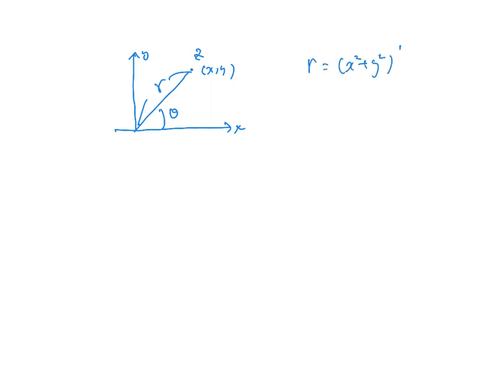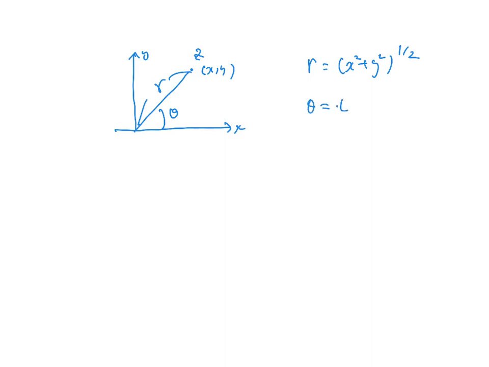So this is your coordinate x, y. This is a point z, x, y. This is theta, this is r. So r is actually (x squared plus y squared) to the 1/2.